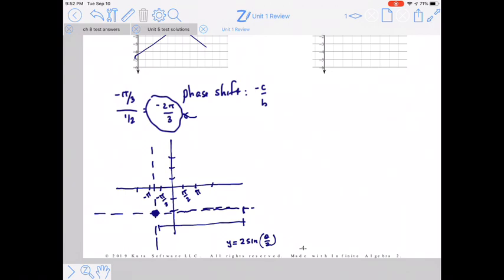And I do have to correctly label my endpoint. That's what we talked about in class. So if I want the total distance to be 4 pi, but I'm already starting at negative 2 pi over 3, then I need to subtract those two, 4 pi minus 2 pi over 3.